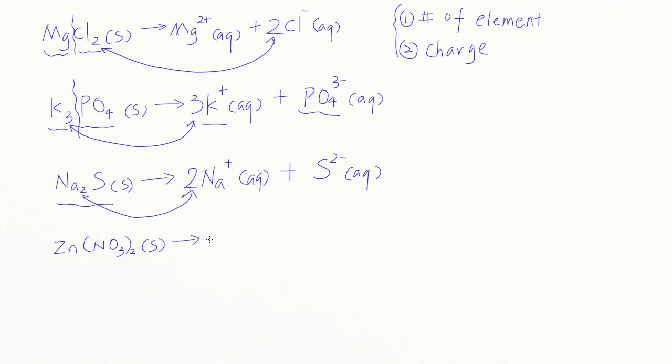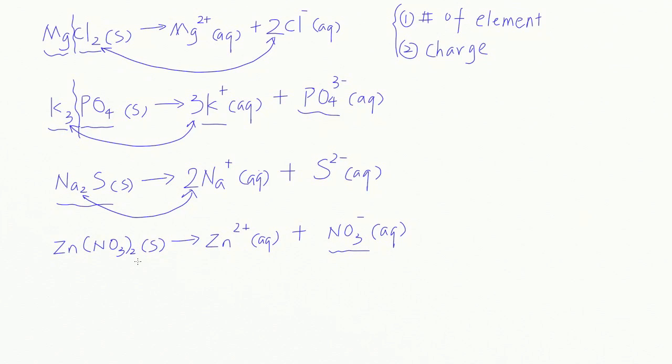For zinc nitrate, you can write the zinc 2+ first, and the nitrate, NO3-. Again, this is a polyatomic ion. It's not going to dissociate, so this is the formula for NO3-.